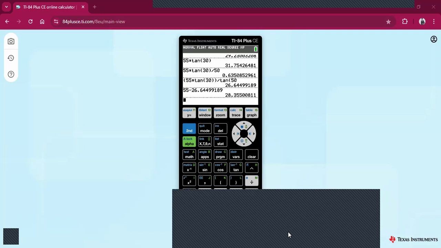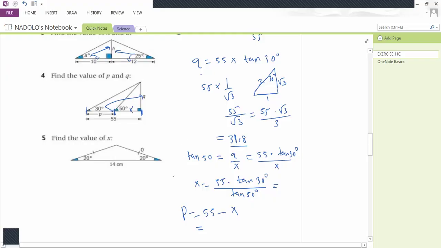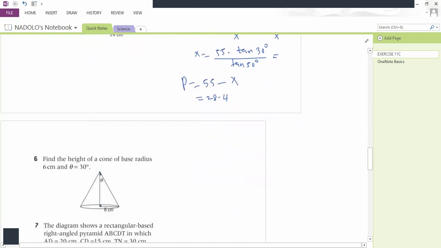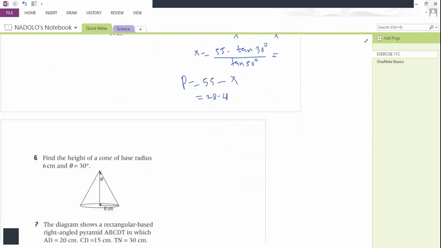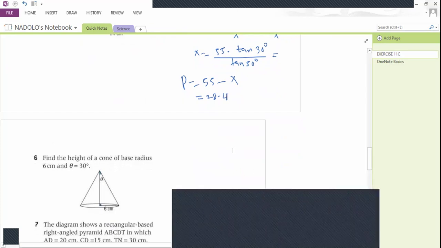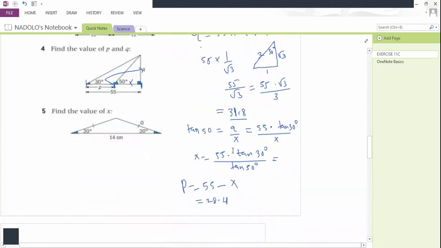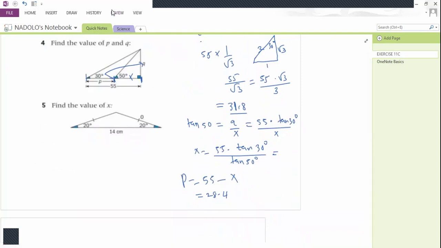I'm going to share the other side. For number 4, P is 28.4. Let me move up. This is what I wrote, 28.4 with the P. That's number 4. Let's move to number 5.